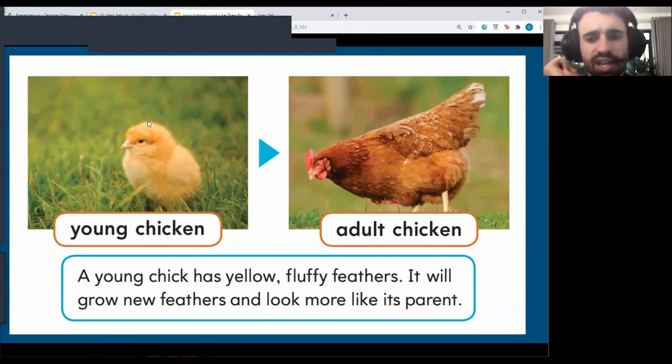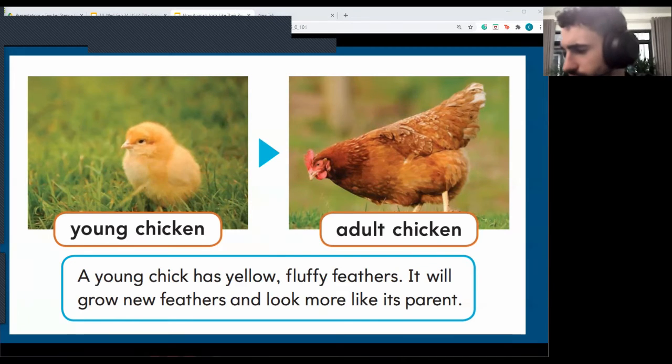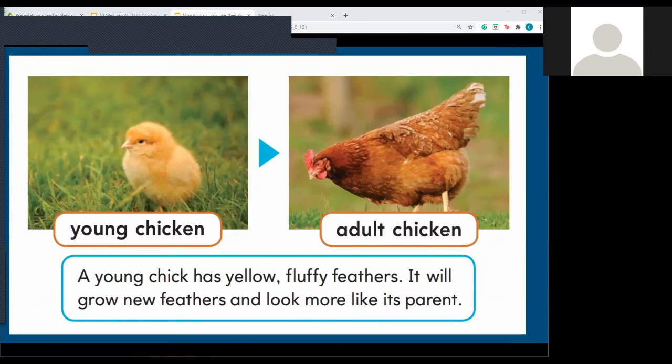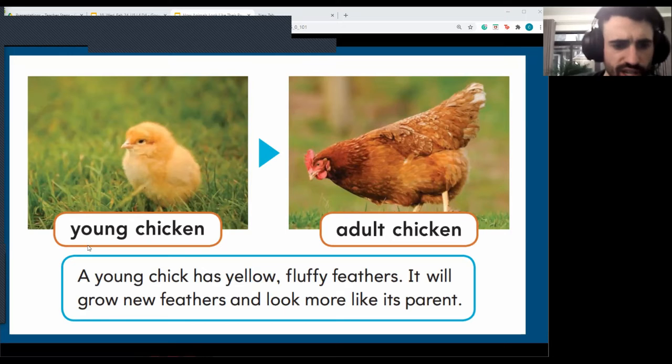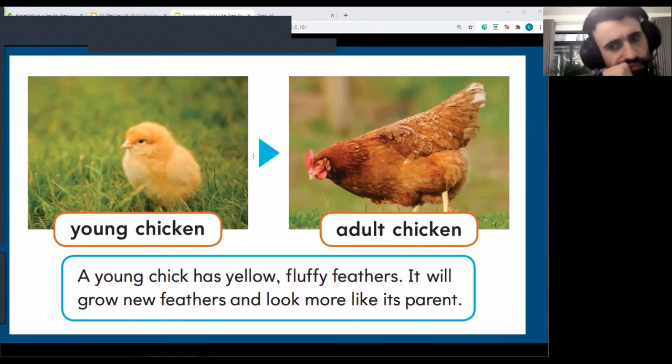We have a young chicken and an adult chicken. What is covering these chickens? Is this fur? What are these called?